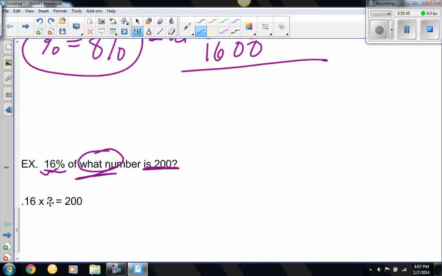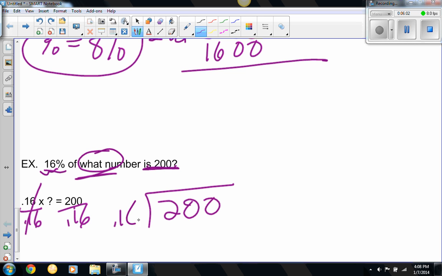Question mark, or A or B or C, whatever you want to use. Is 200. How do I solve for the question mark? I have to get rid of this 0.16, so I have to divide by 0.16. Remember, when we divide, top number is always in the box. You got to get rid of your decimals on the outside, just like we learned, and move it on the inside. Now I can go ahead and divide.